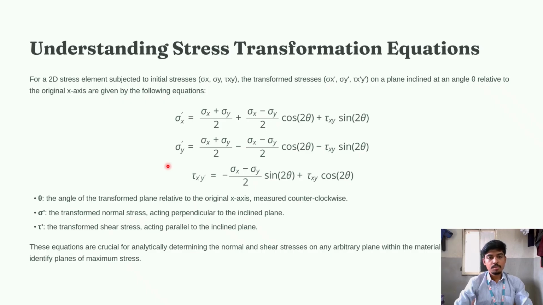Then similarly for sigma y dash, that is (sigma x plus sigma y) divided by 2 minus (sigma x minus sigma y) divided by 2 into cos 2 theta minus tau xy into sin 2 theta. Then for tau x dash y dash is equal to minus (sigma x minus sigma y) divided by 2 into sin 2 theta plus tau xy cos 2 theta.